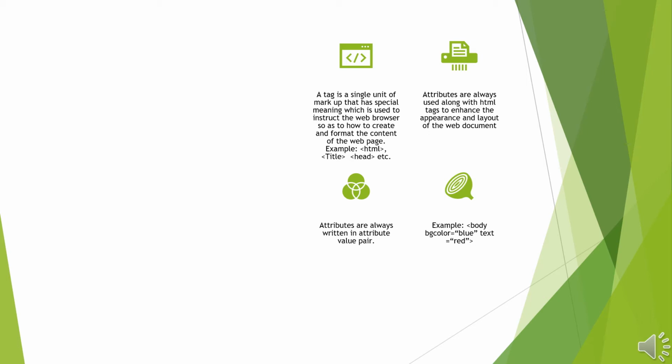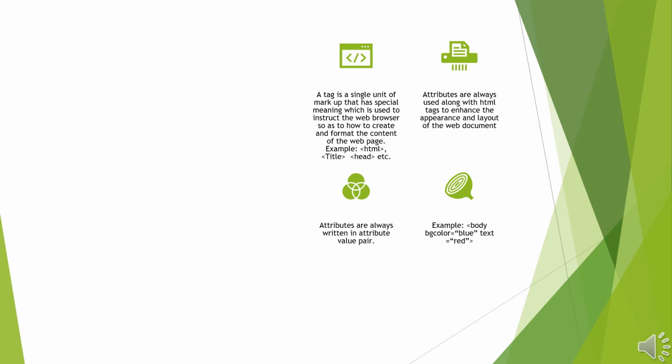Now, the next concept that we are going to understand is attributes. Suppose you want to give a background, let us say body. You are starting with a body, then the body tag has to have some attributes. What is the need of the attribute? When you see the body of any web page, there are different things as a background you can see.